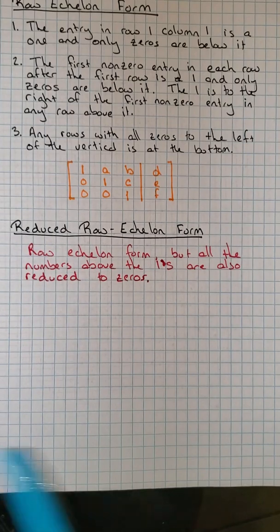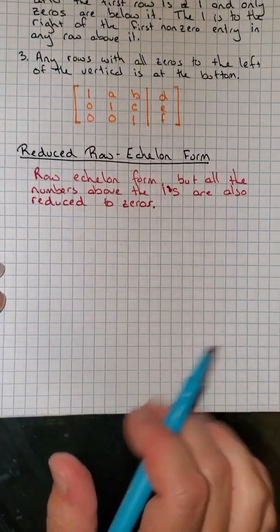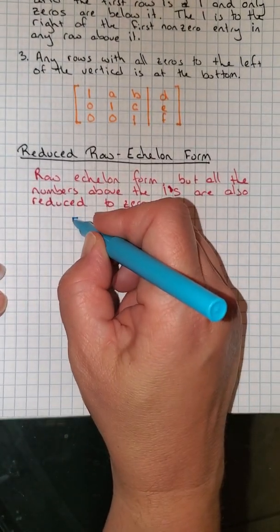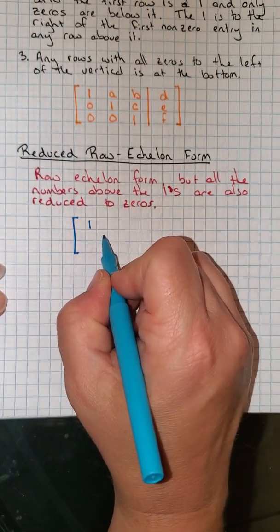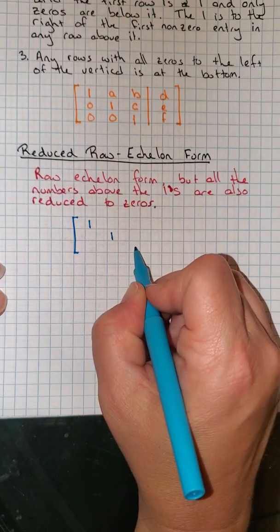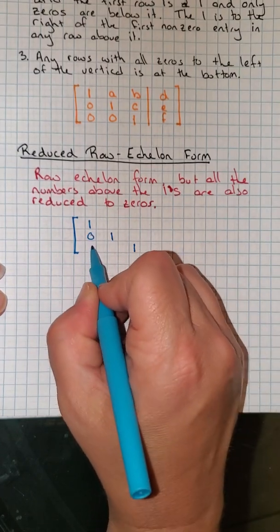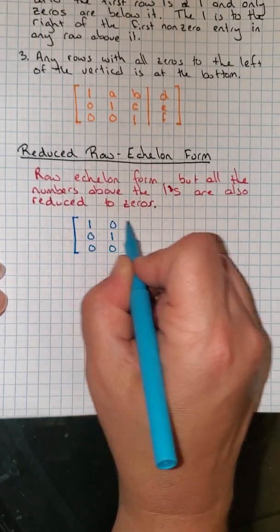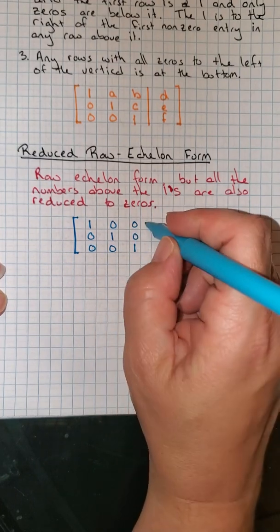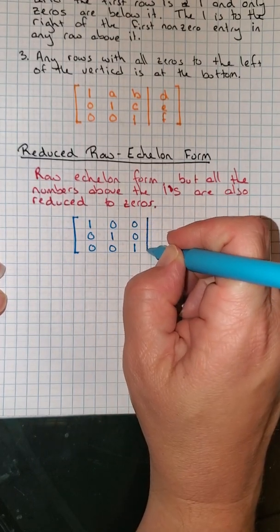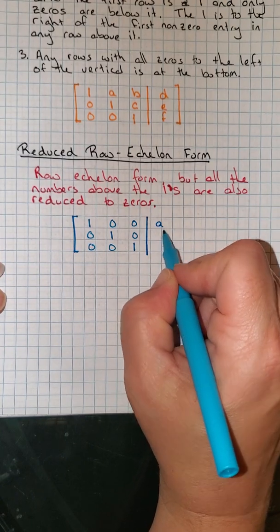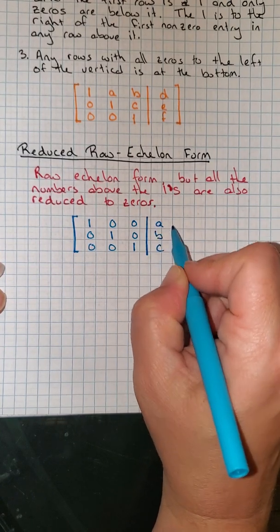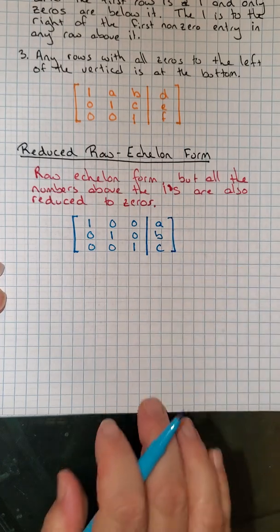Okay, so it would look very similar. Just have ones on the diagonal, zeros below, and zeros above. And then to the right can be whatever. That part doesn't matter.